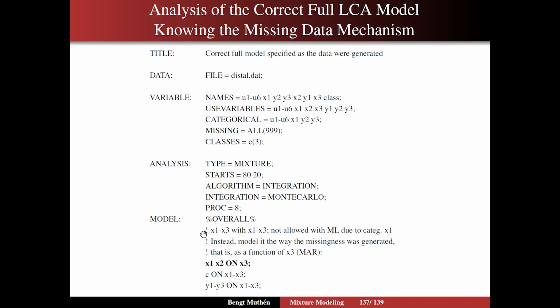And we have then the specification x1 and x2 on x3. So that is specifying the missing data mechanism the correct way. We don't have x1 through x3 with x1 through x3 like we did before, but we have it in this fashion instead.